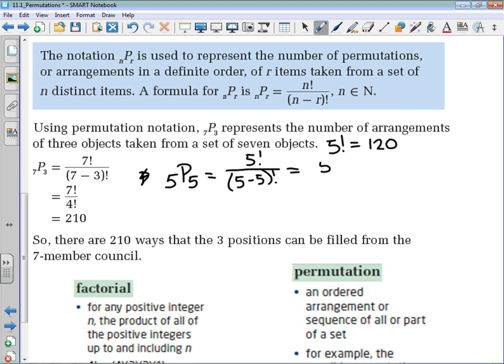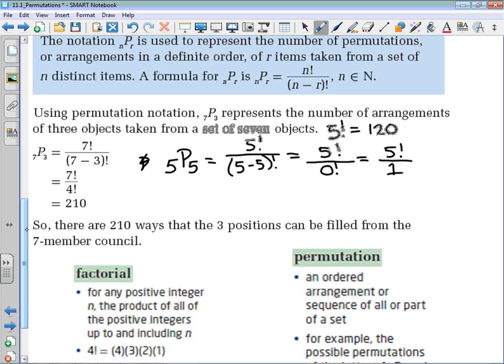What this is equal to is 5 factorial over 5 minus 5, which is 0. And really importantly, I'm not dividing by 0 here because 0 factorial is 1. So I end up with 5 factorial over 1. So we know that it works, right? We did the last example using the fundamental counting principle, and I'm getting the same solution there.